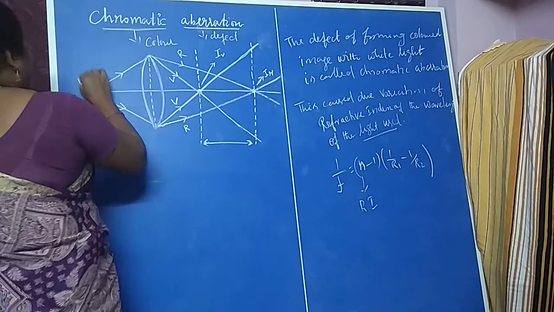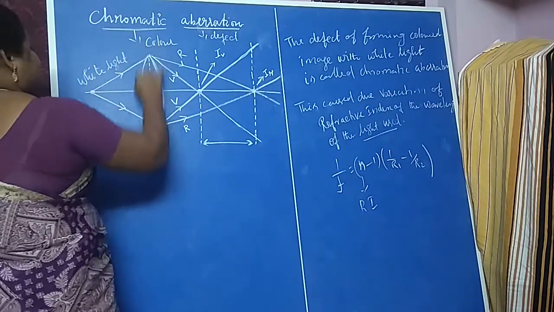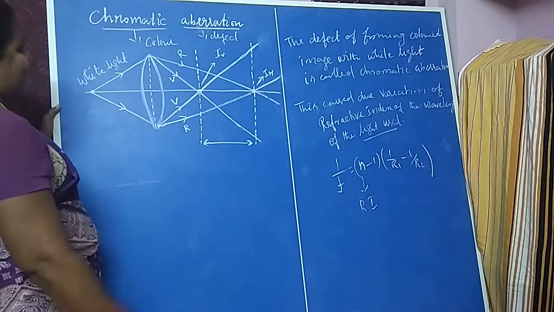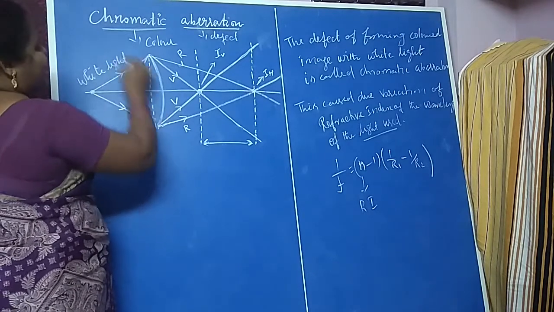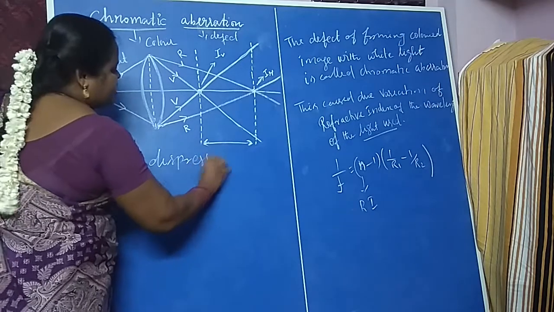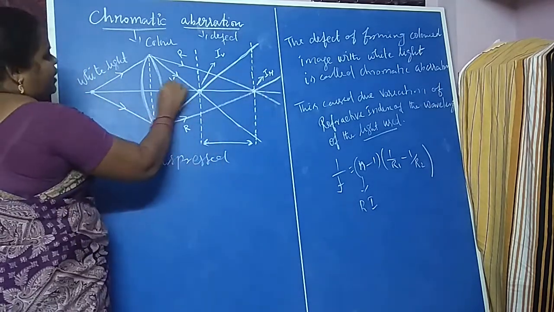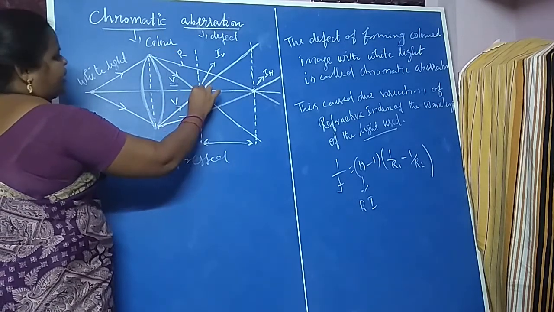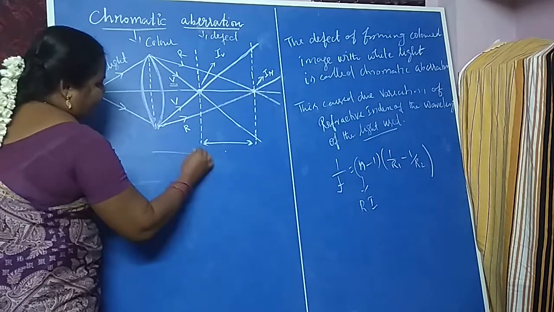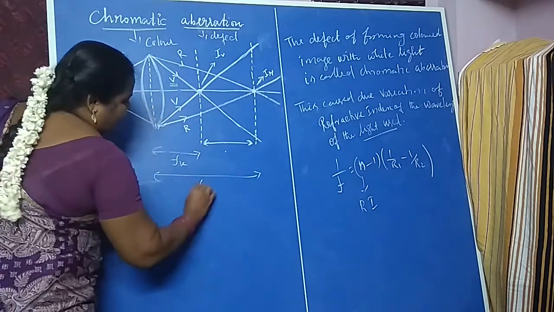Here a white light is focused on a lens. Due to the prismatic action of this lens, the white light gets dispersed into different colors, that is violet to red. Here the violet ray is more deviated compared to the red ray. So the focal length of the violet ray is taken as FV and red as FR.